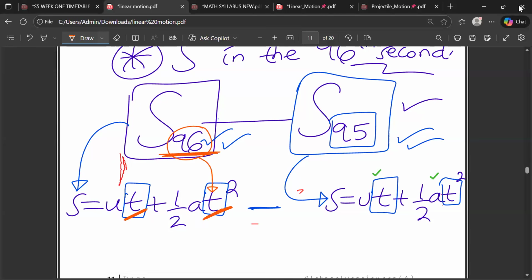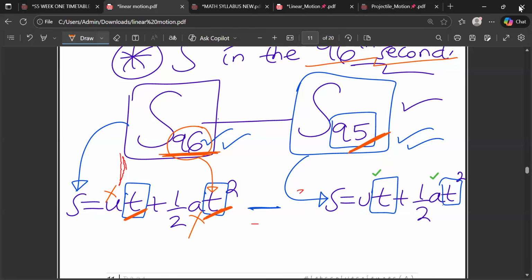This 95, we are meaning time, because they said 96th second. So you consider 95 and 96. Then you subtract as I explained. But remember, this is time, so we are supposed to substitute where there is t. You cannot put it where there is u. You cannot put it where there is a. Those are seconds, so it is time.